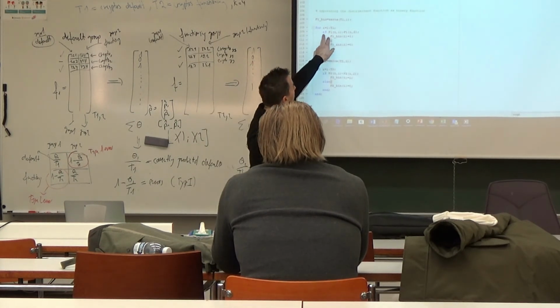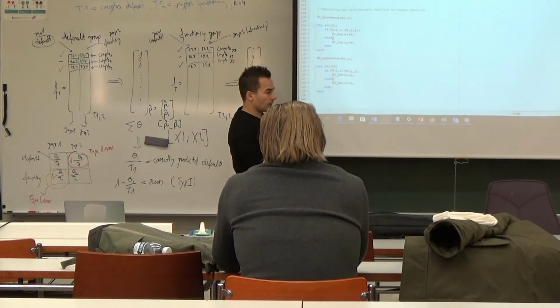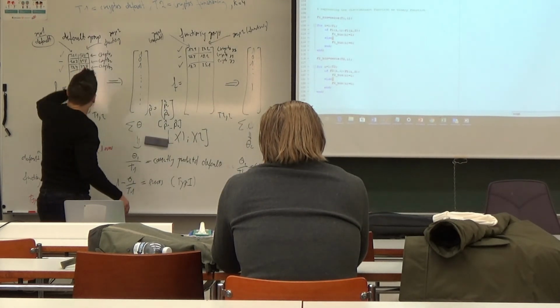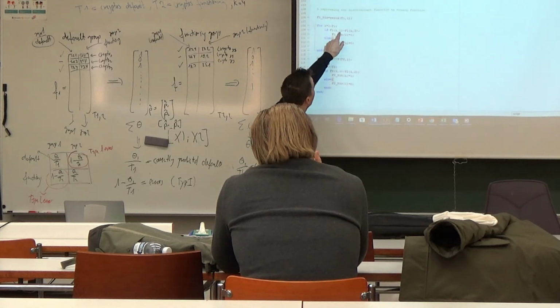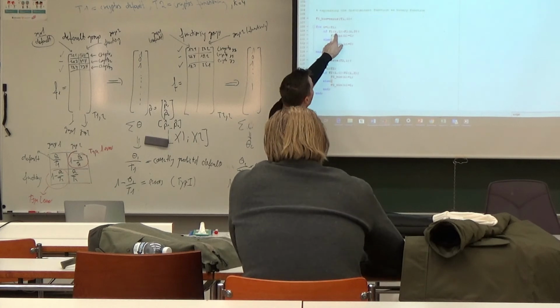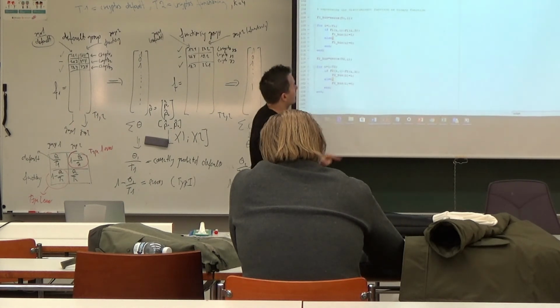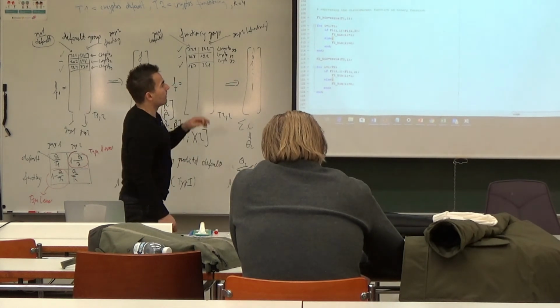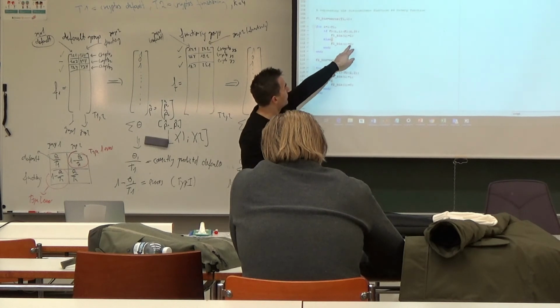So we form a loop for i is 1 to capital T1. What do we do? Whenever the value in the first column is larger than in the second column, we put a 1 in the zero vector, and otherwise it gets a 0.